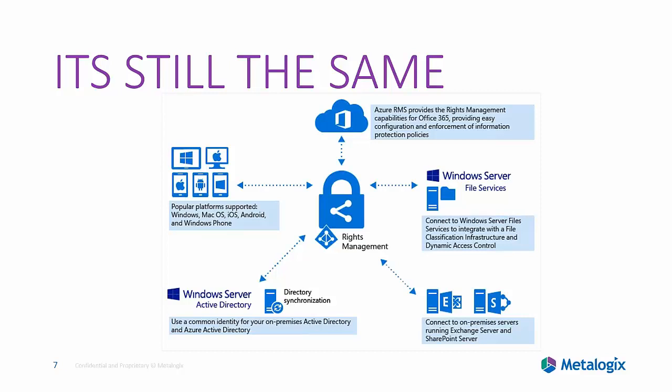I don't know if anyone's worked with the old RMS stuff for Windows Server 2003 and subsequent versions of Windows Server. It's exactly the same. You still have the same functionality. What Microsoft's done now, well, they've extended it into Azure, and now you can run it straight from Azure, so you've got a single point of entry to manage rights management. That's all it really is, and they've added additional functionality.